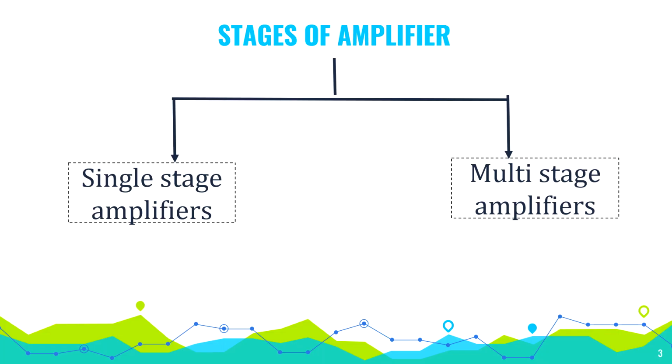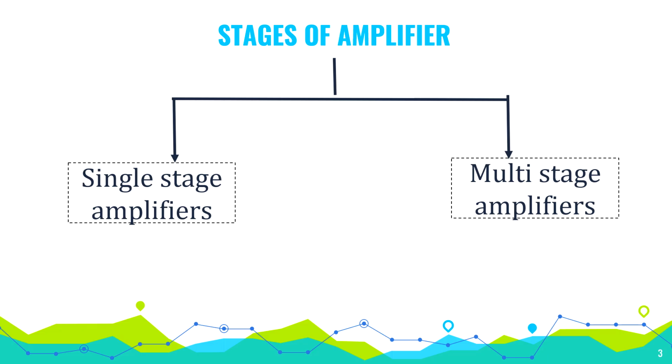To be more specific, an amplifier can be classified into various types depending upon the frequency ranges, or depending upon the configuration type of BJT or FET, or depending upon the number of stages of amplification and many more. An amplifier can be classified into two categories depending upon the number of stages of amplification. The first one is single stage amplifiers and the next is multi-stage amplifiers.